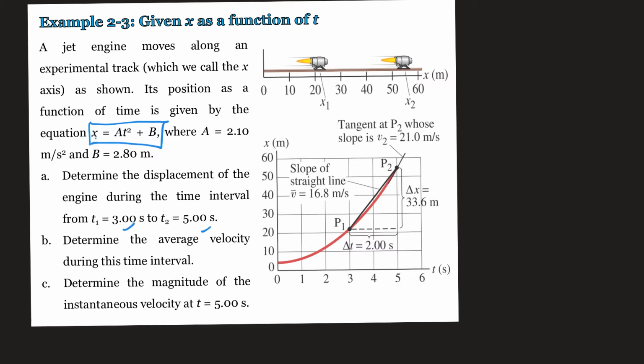So when you find the displacement x at 3 seconds, a is 2.10, t squared is 3 squared, plus b is 2.80. You are going to get 21.7 meters.